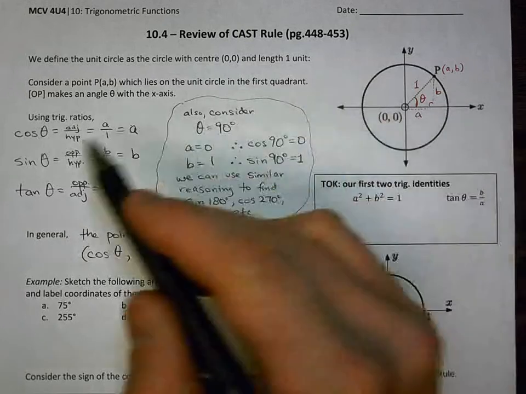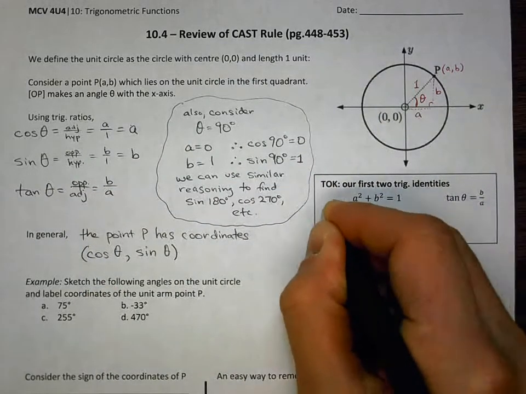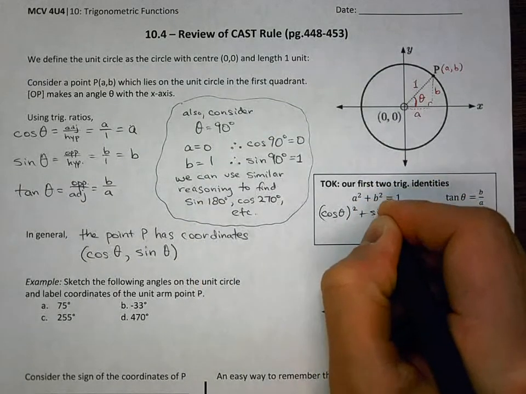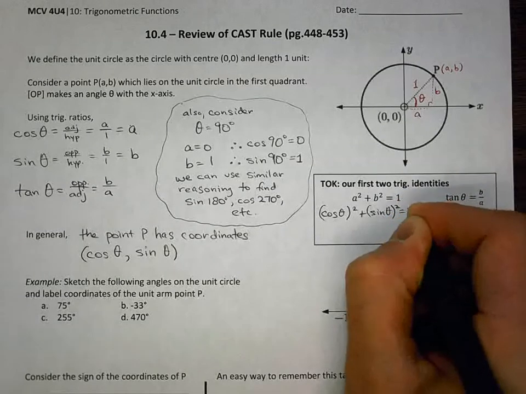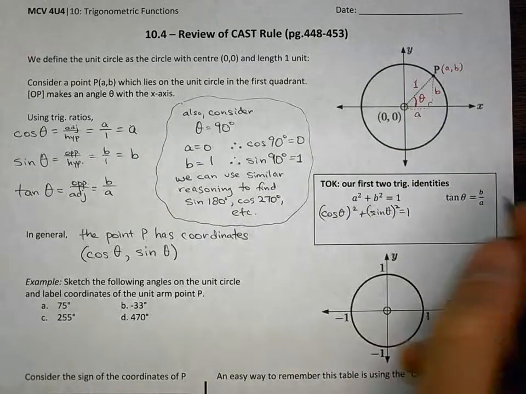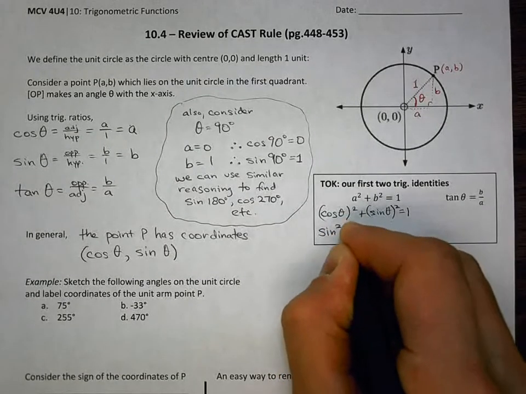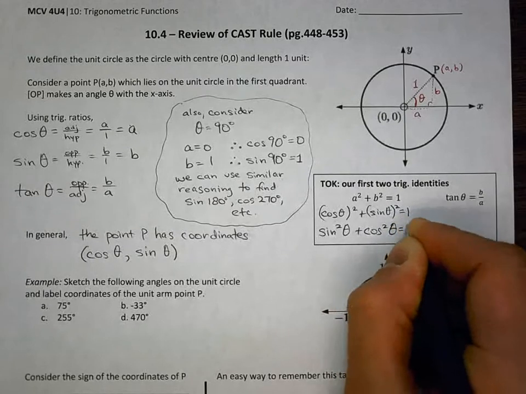We know that a is equal to cos theta and b is equal to sine theta, so cos theta squared plus sine theta squared is equal to 1. That gives us our first trig identity. We would write it a little bit differently: sine squared theta plus cos squared theta is equal to 1.